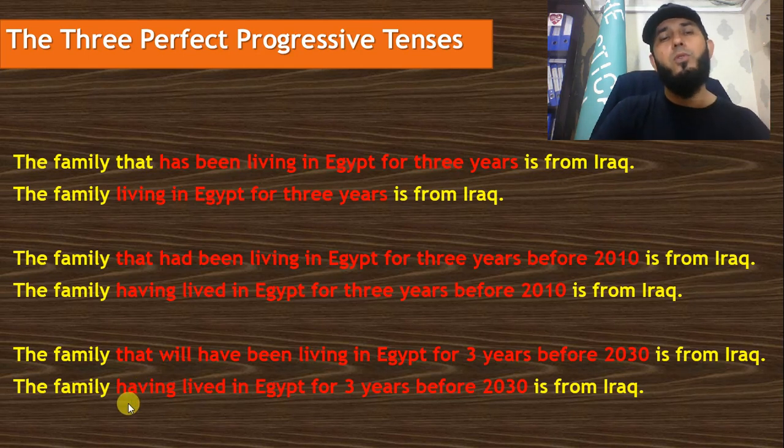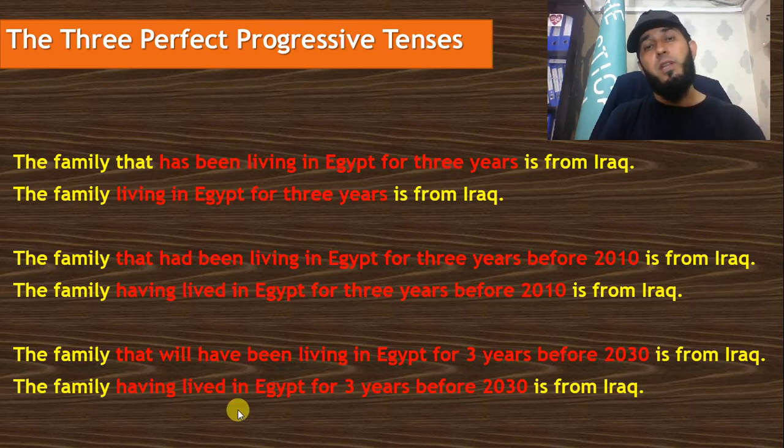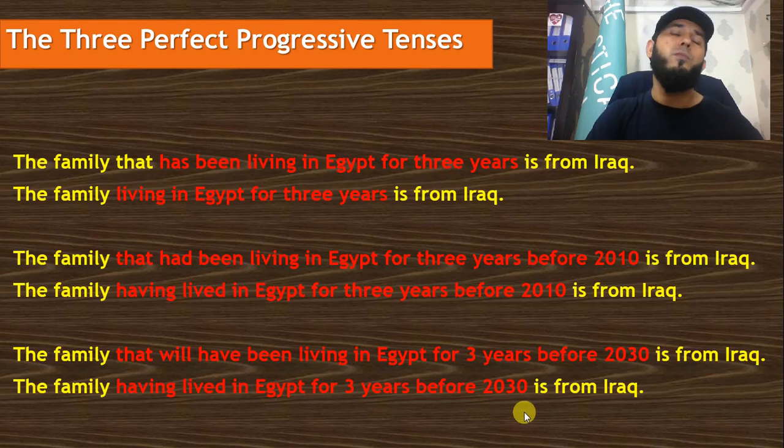And this is how you change this kind of adjective clause in future perfect continuous tense to a reduced adjective clause or modifying phrase. The family having lived in Egypt for 3 years before 2030 is from Iraq. So I hope the concept is clear.